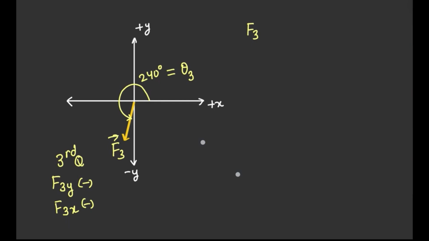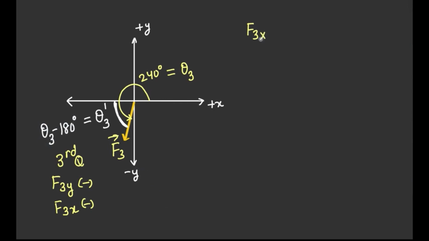Alternatively, we could use the angle that f3 is making with its nearest x-axis, which is the negative x-axis. And that angle is, let's say, theta 3 prime. And theta 3 prime will be equal to theta 3 minus 180 degrees.